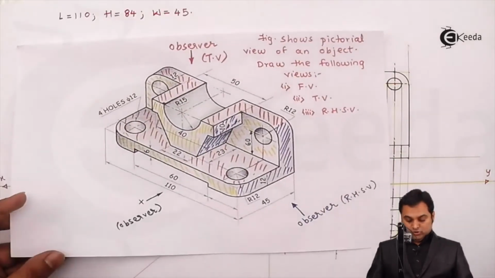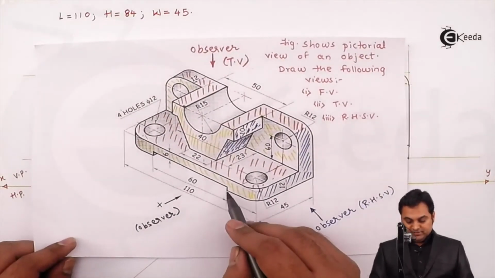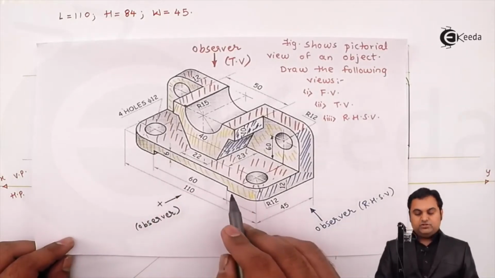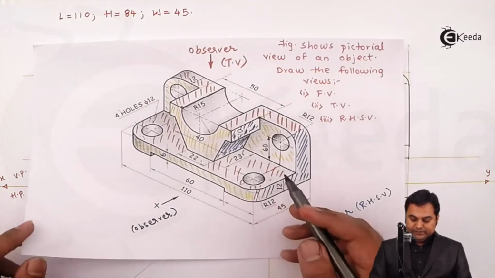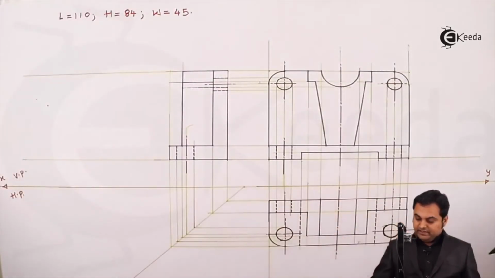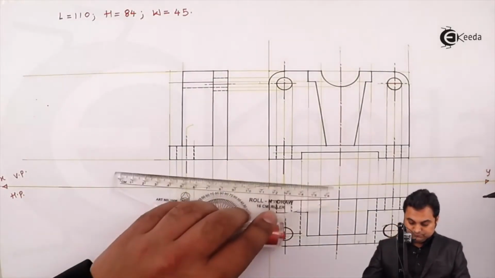Then looking from the side, here there is an internal cut which will also be drawn hidden, and it is up to the entire width, so that cut I can directly get it from the front view.